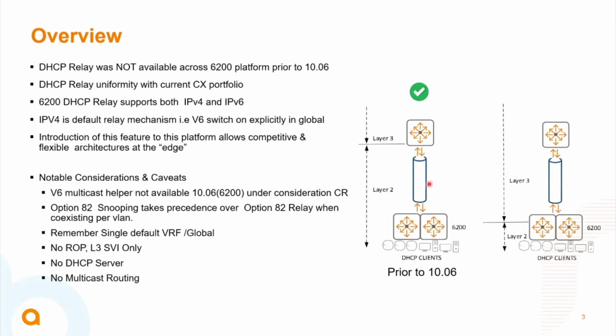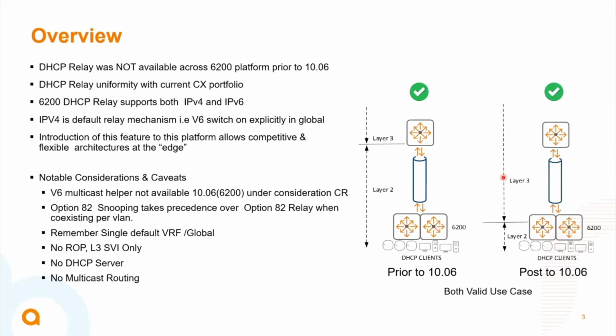But today what we can do now is bring the relay function down to the edge effectively, and any clients wanting an IP address assignment can therefore get it directly onto the layer 3 boundary and send the broadcast as a unicast up to the relay where they want it. So again, post 10.06, both these use cases are valid.